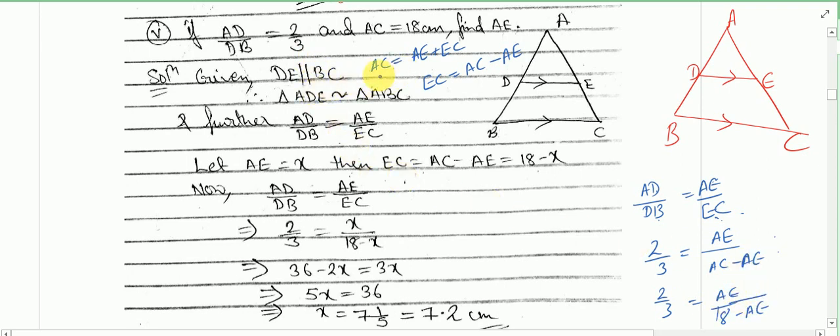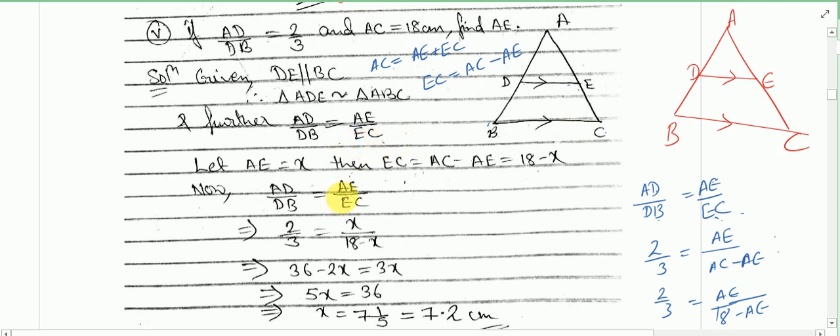So here I have done the solution for you. Given DE is parallel to BC, since this DE is parallel to BC, therefore this small triangle ADE is similar to ABC. And by basic proportionality theorem, this AD upon DB is equal to AE upon EC.